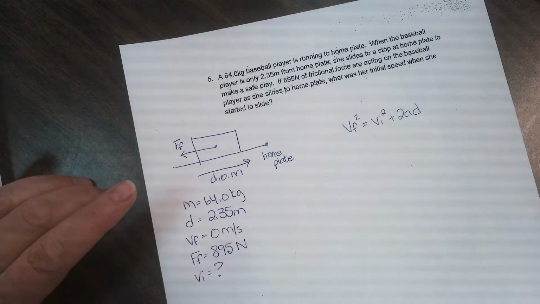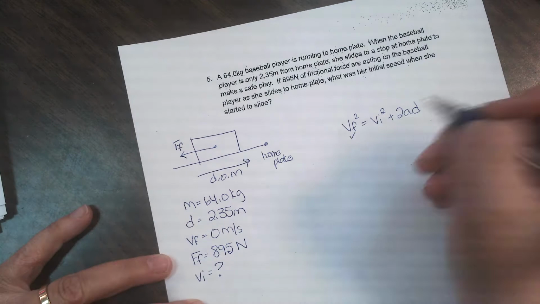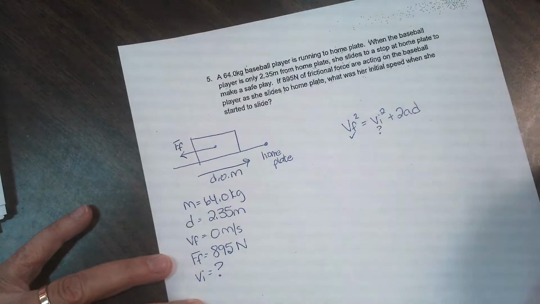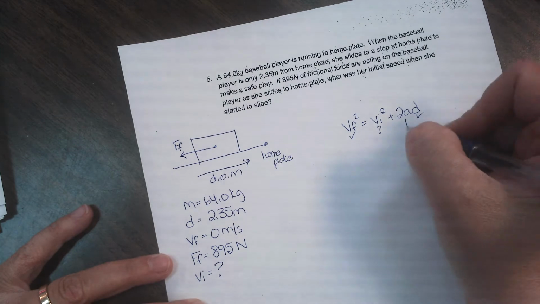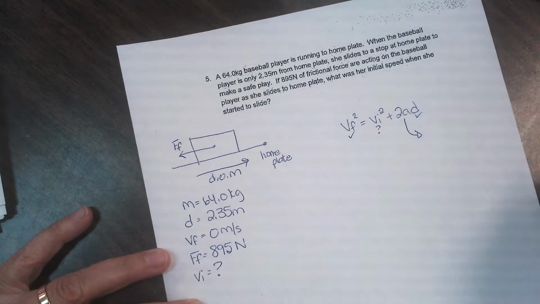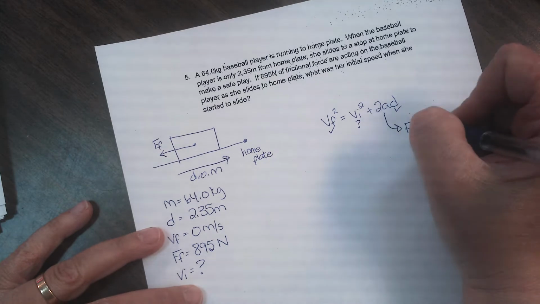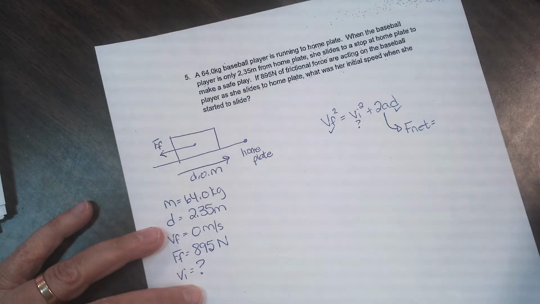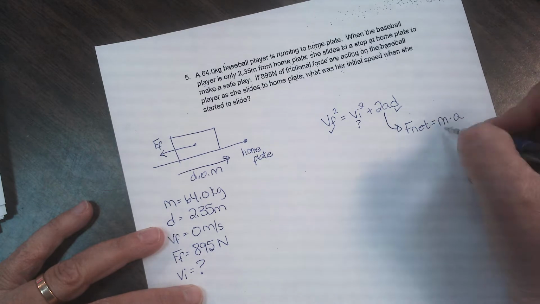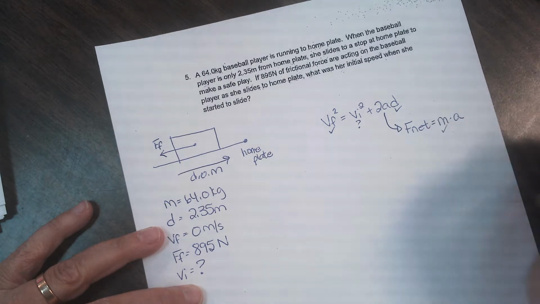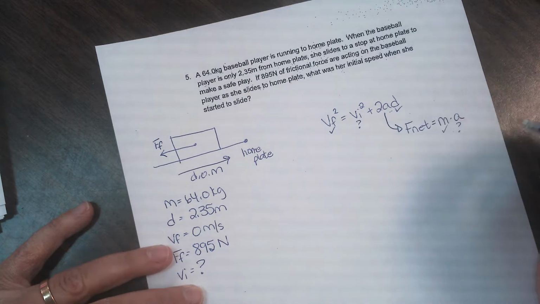So this is the only one that works. However, while VF is given and VI is what we're looking for, we have the distance. We need to find the acceleration. And the acceleration can come from our force net. Force net is equal to mass times acceleration. We have mass. Acceleration is what we need to find for this part.